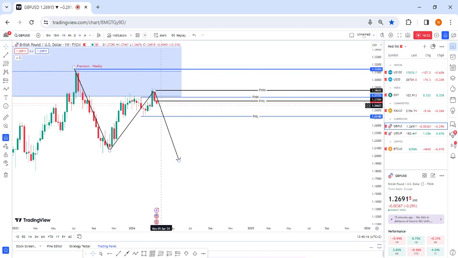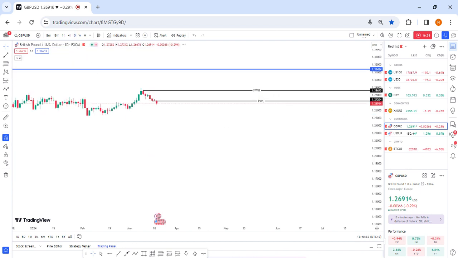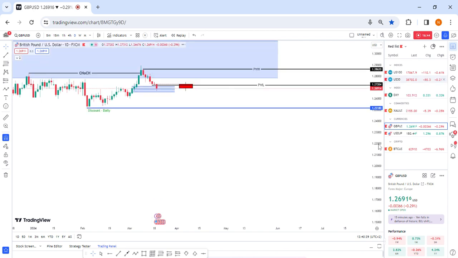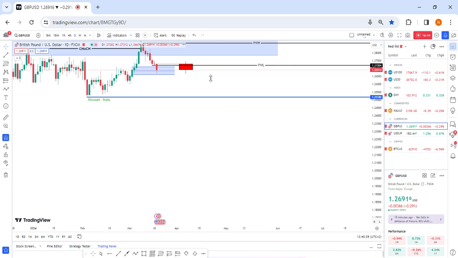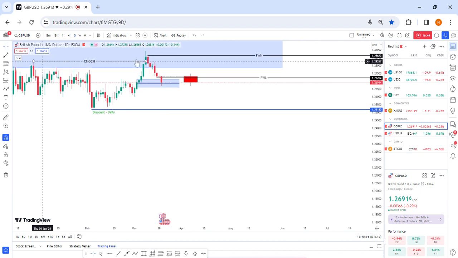But again, you might see a setup within a lower time frame, where the price is just pushing down, and then it might continue going to the upside. So let's take a closer look at what's actually happening. On the daily time frame, we saw price came up and took out this high, which gave us a change of character.